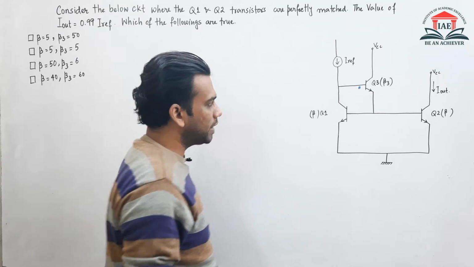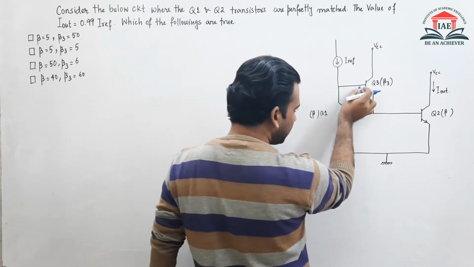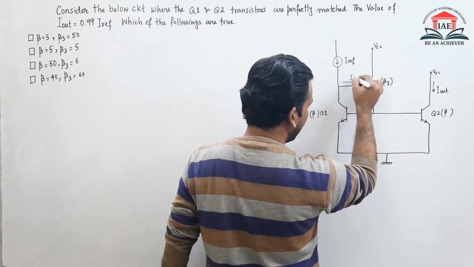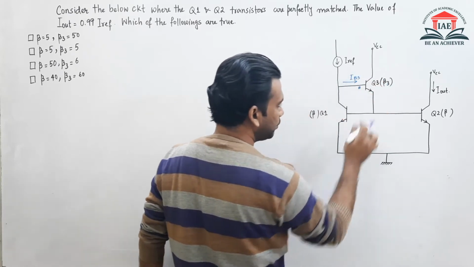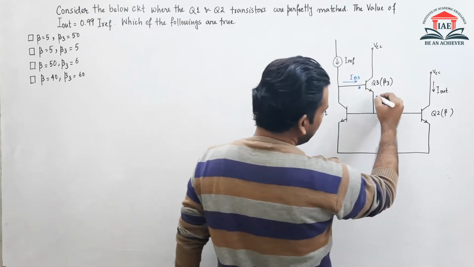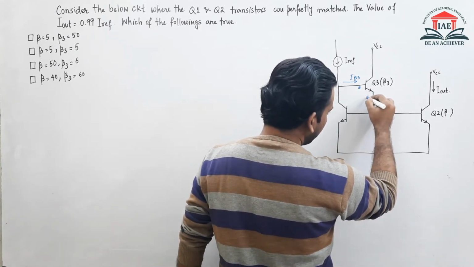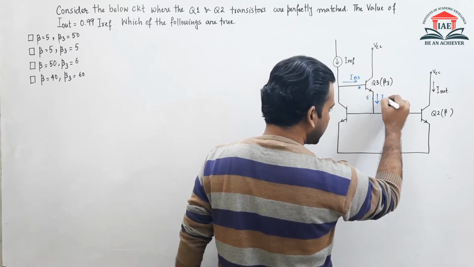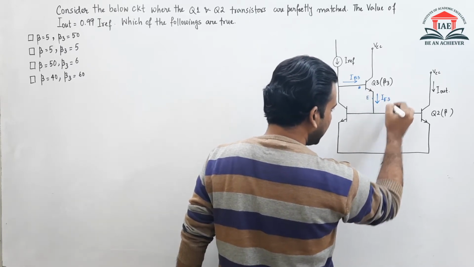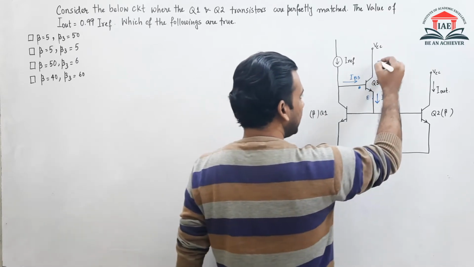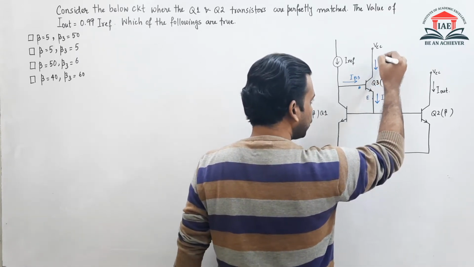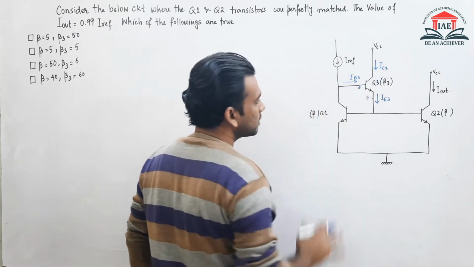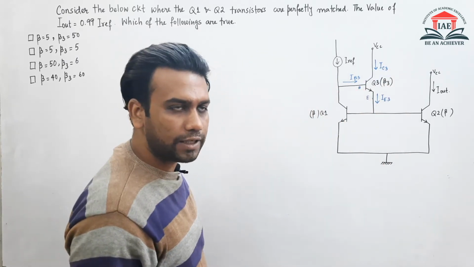This is the base of the transistor, so let us denote this current as IB3 for the Q3 transistor. Since it is the emitter of Q3, the emitter current will be in the outward direction and I can denote it as IE3. Similarly, the collector current that comes in is IC3. So these are the current components of the Q3 transistor.